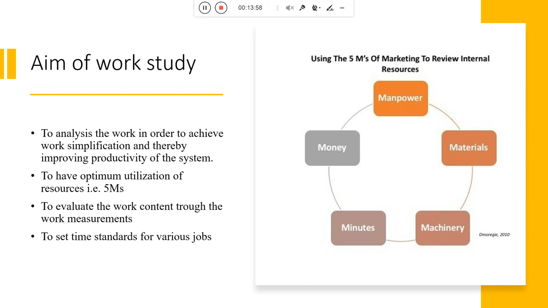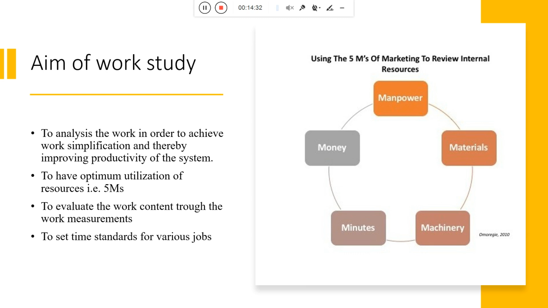First identify all the work, then divide that work into small elements. Dividing the entire work into small parts, small elements, is nothing but work simplification. Here you try to simplify the entire thing by dividing all the work into small elements, right? So that is the thing: to analyze the work in order to achieve work simplification and thereby improve the productivity of the system.